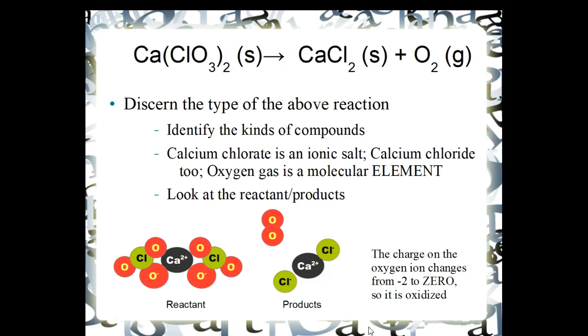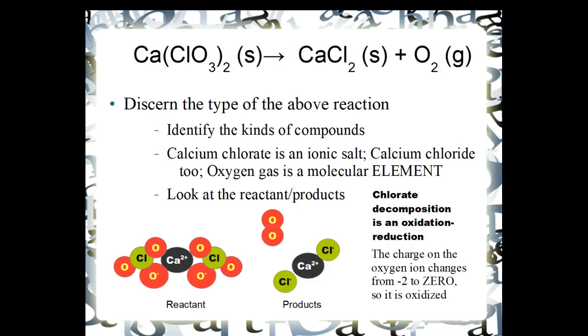The charge on the oxygen changes from a -2, implied from the fact that it's in that compound, to a 0 with the element. So the oxygen atoms have been oxidized from oxide to oxygen gas. Result: chlorate decomposition. All chlorates, when they decompose, that is an oxidation reduction reaction.